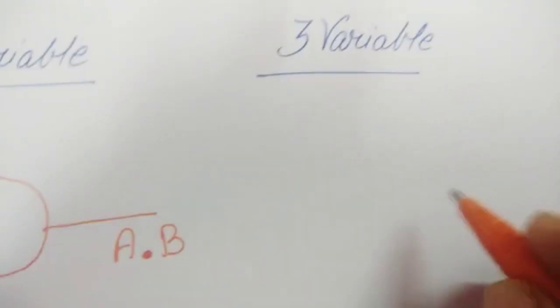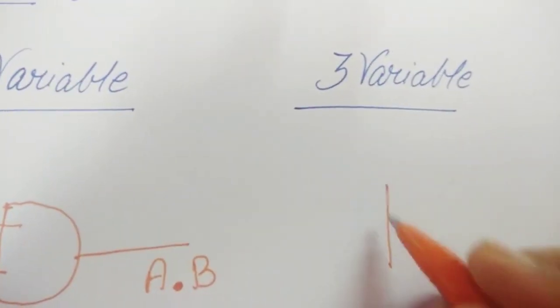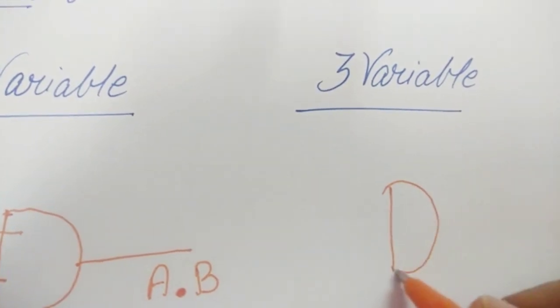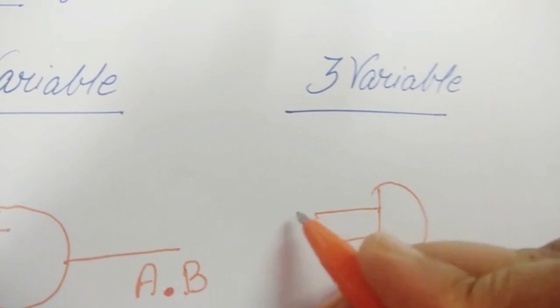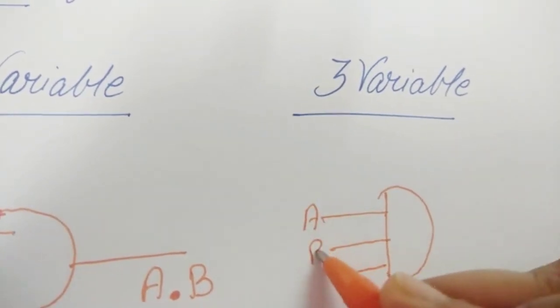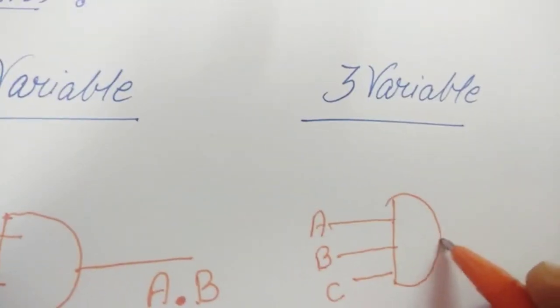Same way, if you want to draw the diagram of 3 variable, the same gate you will use. Now here 3 different inputs, let them be A, B, C. So what will be the output?